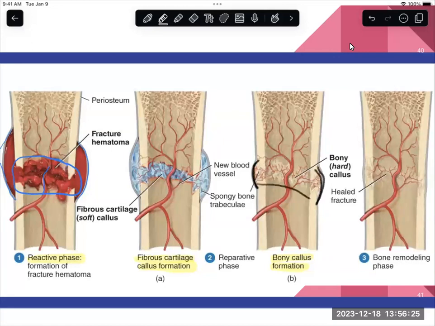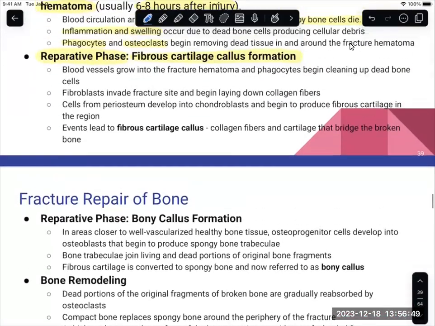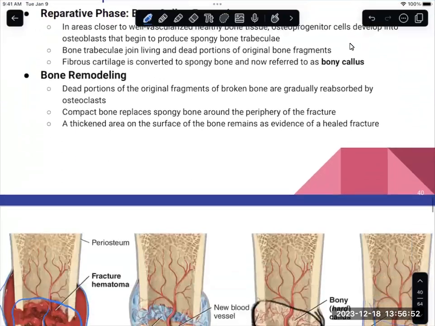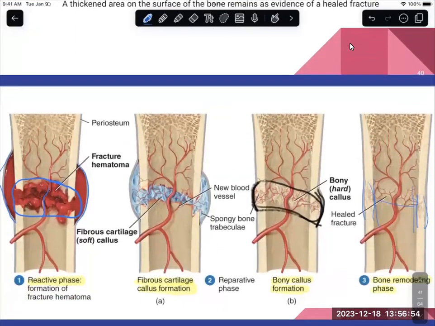Do you see, spongy bone gets laid down first. And then it'll come in and remodel this bone. So we get this compact bone on the outside. And then we form this medullary cavity in the shaft of this bone on the inside. That is what all of these words are saying here in these pictures. These are the different stages of bone formation. We're reforming bone after we break something.